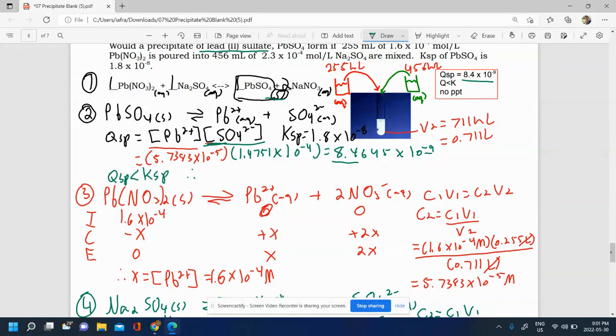So what that means is that the solution is unsaturated and no precipitate forms. No precipitate forms.